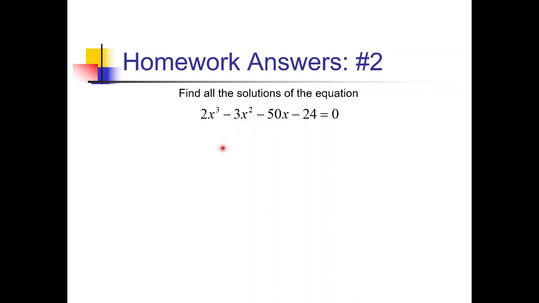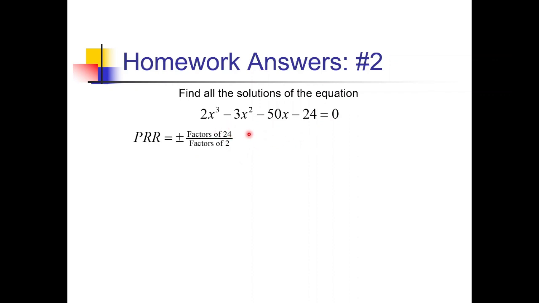So let me get my possible rational roots list. We're going to have factors of negative 24, just factors of 24, divided by factors of 2. So factors of 24, and these first several are going to be just divided by 1, the factor of 2, so we're just going to write the number in the numerator here.